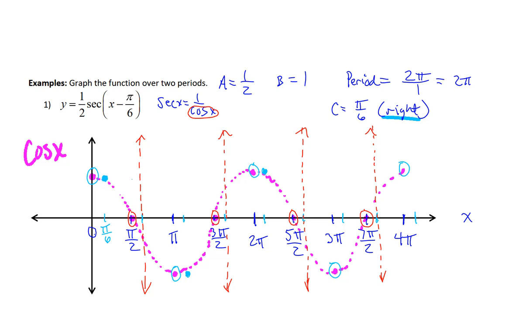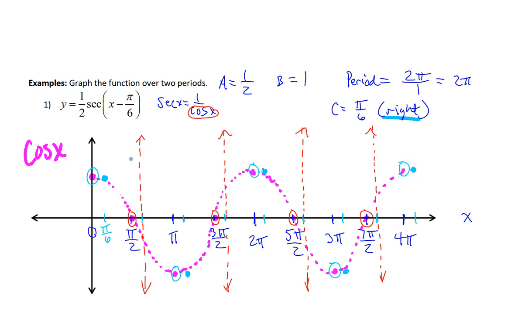So we should have a min, a max, corresponding to all the min and maxes of the cosine graph. But now we have a slight shift to the right, as you can see if you look carefully, from where these now solid light blue points are graphed. They're all shifted to the right according to our shift that occurred on the axis.